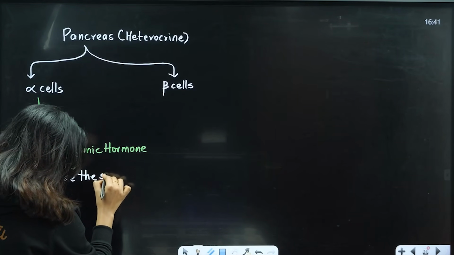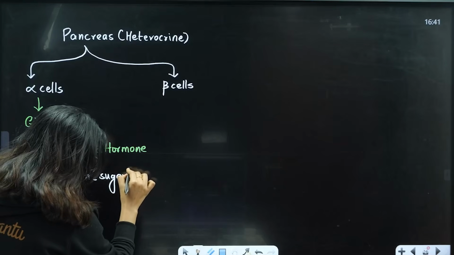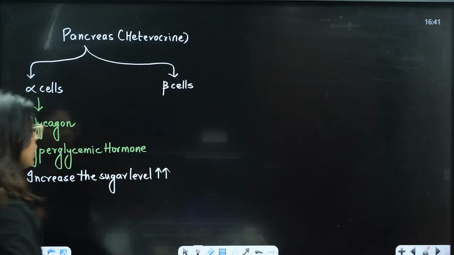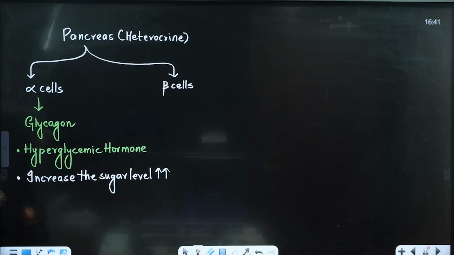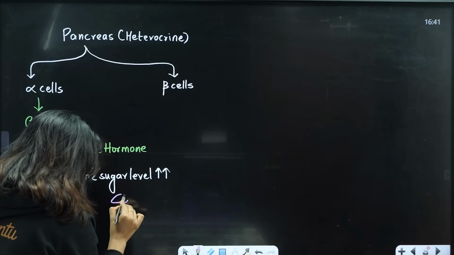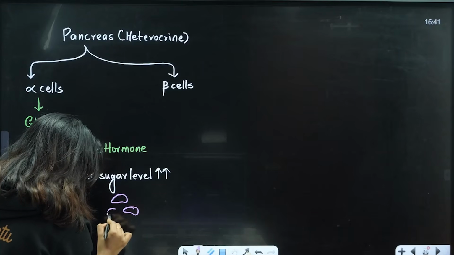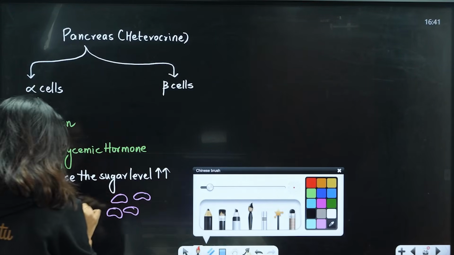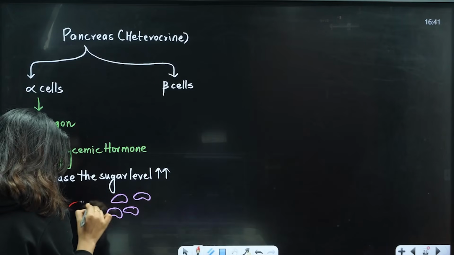Increase the sugar level. Okay, now how do they increase the sugar level, students? Imagine there are cells nearby who want glucose or something like that. The glucose will not be given to them.